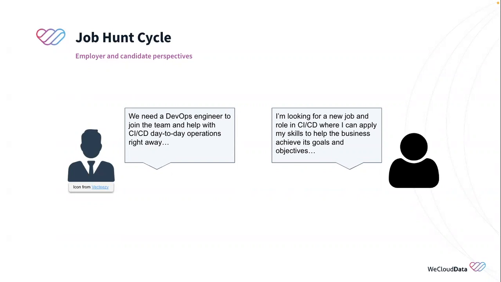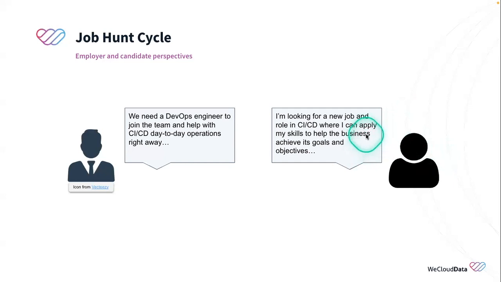So here they're thinking about how to fill a DevOps engineering role for their day-to-day operations, but really those day-to-day operations are probably trying to support the project. This candidate is trying to find a new job for whatever reason. We'll go through some of those reasons why people look for jobs; I think some are more obvious than others.